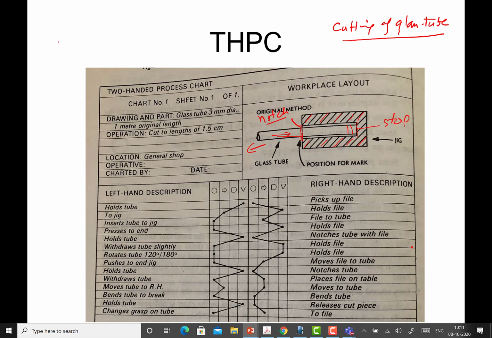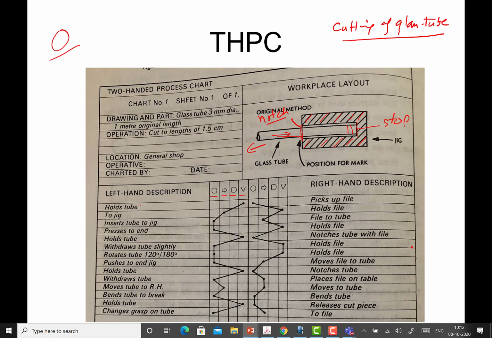So as I said, one simple operation of the flow process chart can be broken down into a number of other elemental activities, like operation, movement, delay, or hold. Each symbol has a different meaning as compared to what we have seen earlier.